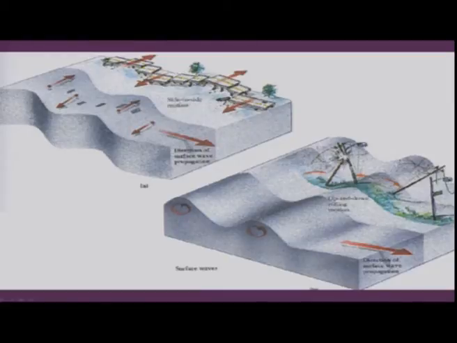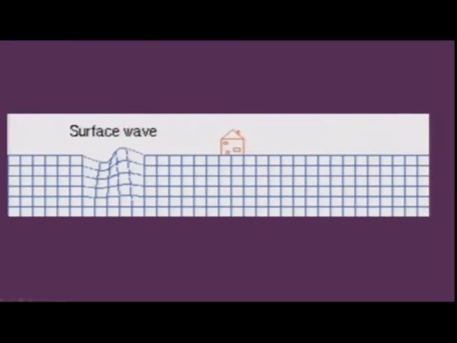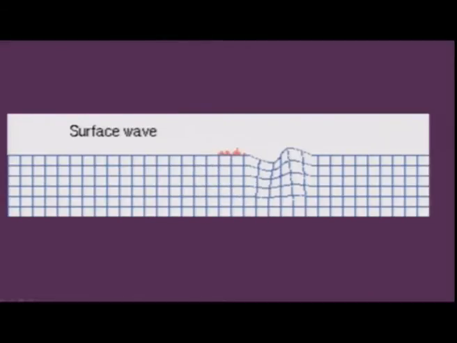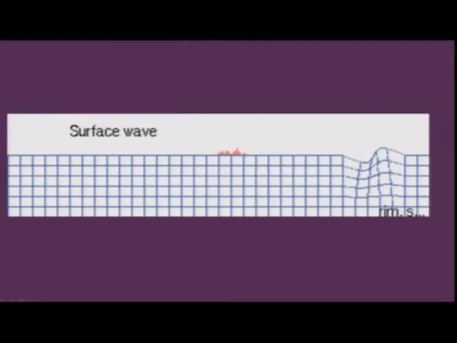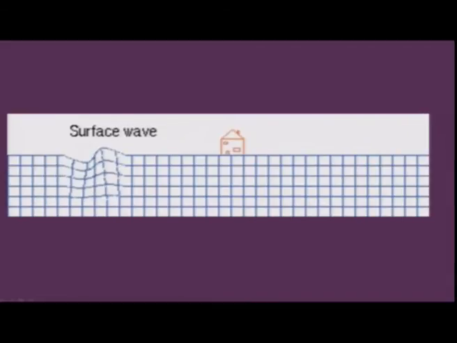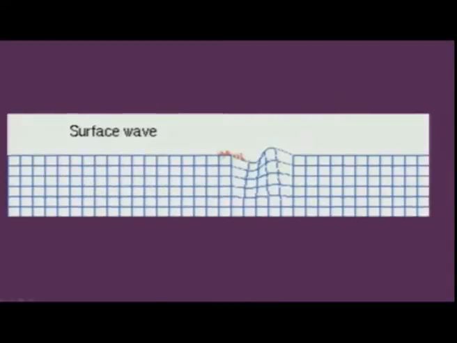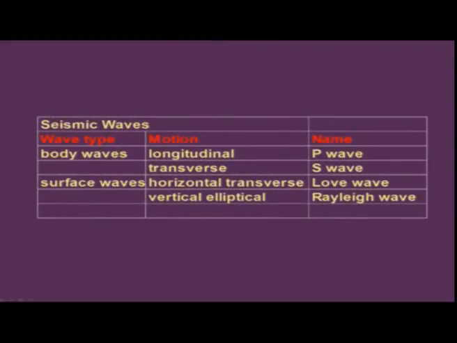Previously we have seen that they move back and forth, and then up and down. In short, surface waves will not leave any structure on the surface; they will completely destroy it. When the S wave propagates, we at least see some structures left, partially damaged, but this will result in total damage.